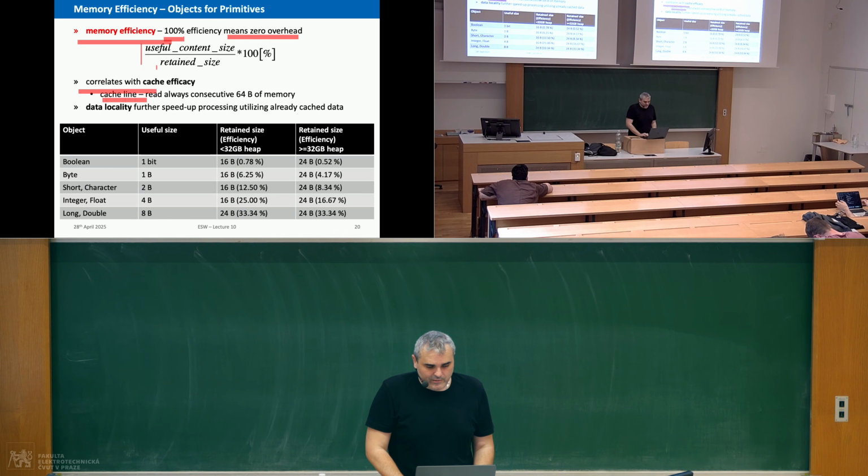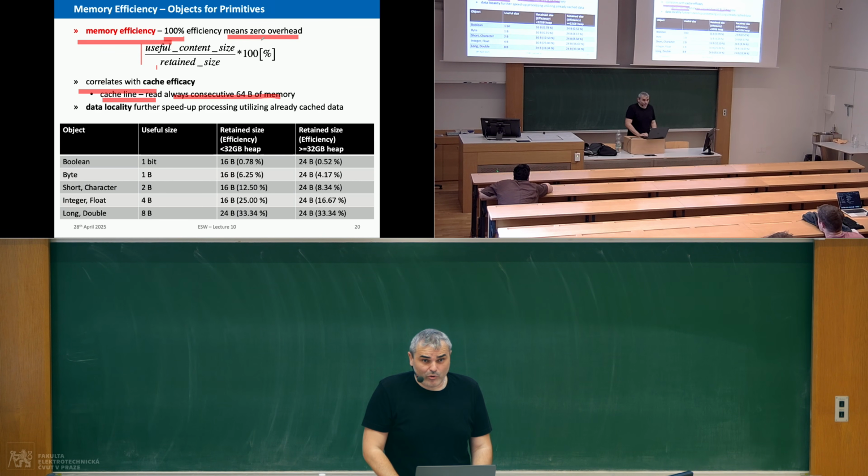The cache line always reads 64 bytes of memory. On more recent computers, it could be even bigger than 64 bytes, 128 or so. And that is a sequence of memory.